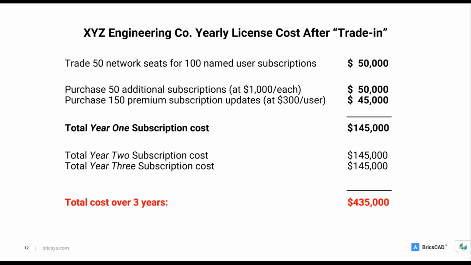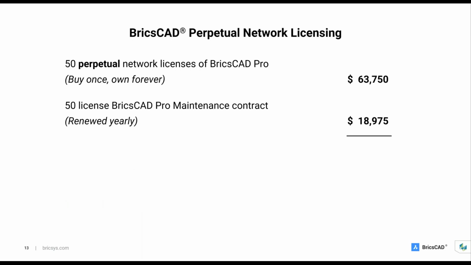So let's pivot now. Let's talk about the value of BricsCAD Perpetual Network Licensing, because I don't think we've raised the perpetual word since we began this conversation, but that's critical. Right. So in this particular case, what XYZ Engineering could do is they could just go get 50 perpetual network licenses of BricsCAD.